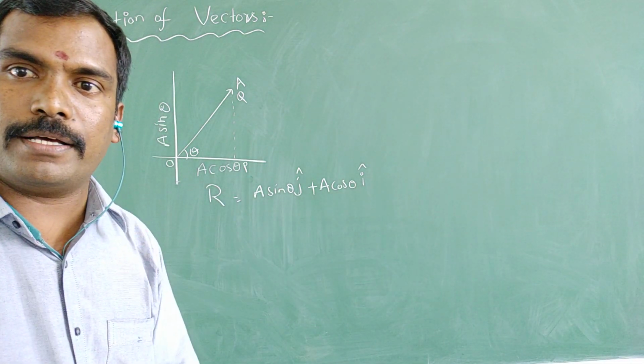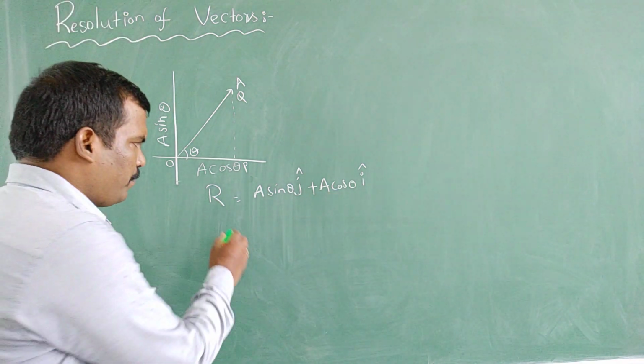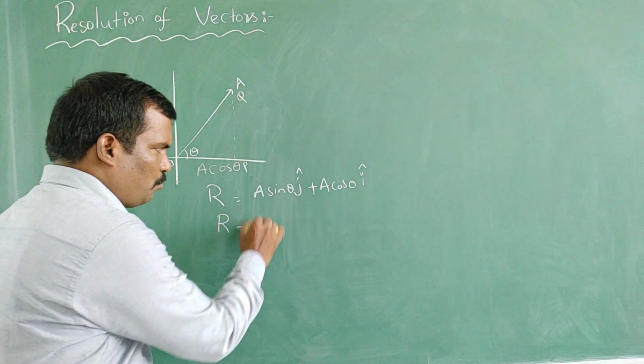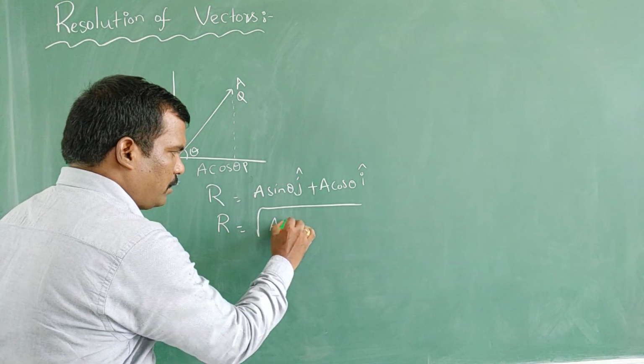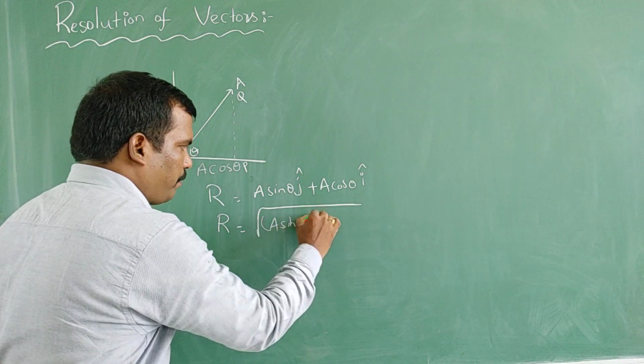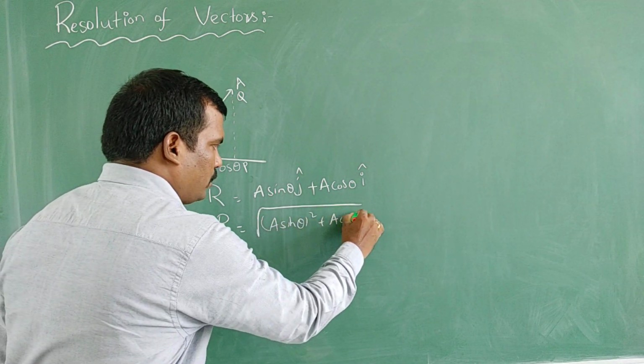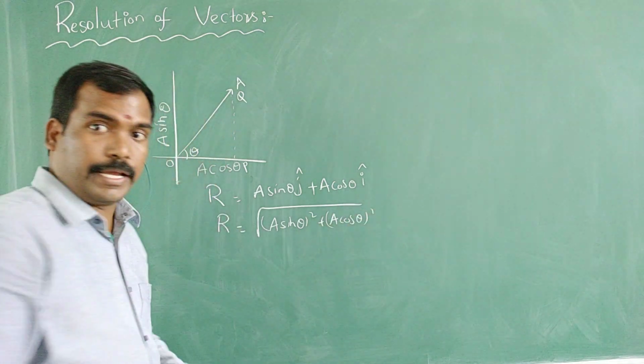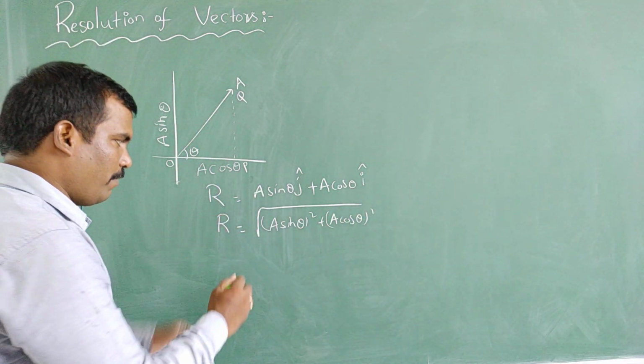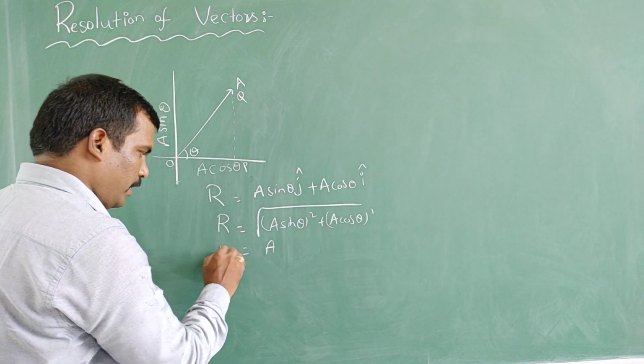If I want the resultant vector, R equals root over A sin theta whole square plus A cos theta whole square.